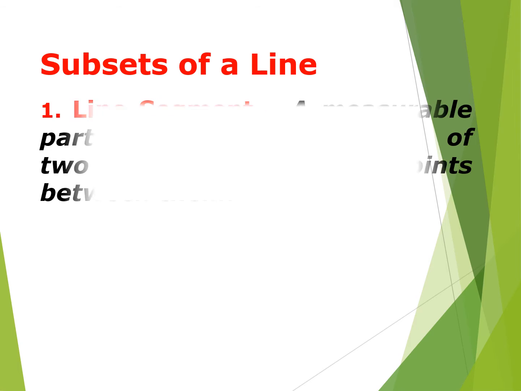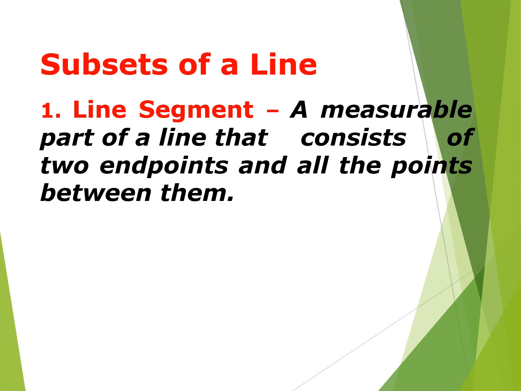Remember that a line segment is a measurable part of a line that consists of two endpoints and all the points between them. There are already endpoints, so there is no arrow to the left and to the right if we are dealing with a segment.